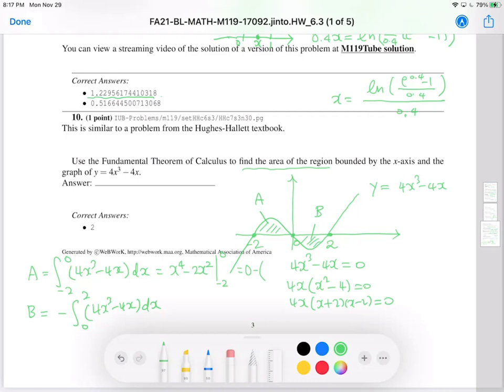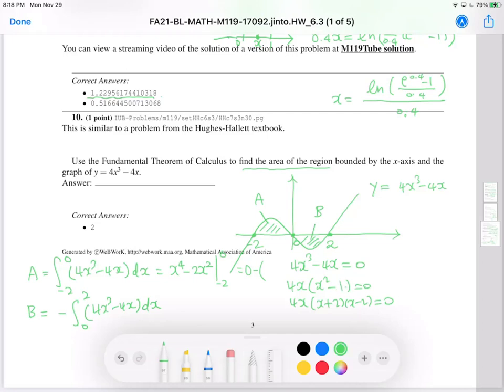This is 8. It must be positive. Oh, there is a mistake here. Algebraic mistake. Okay, sorry about that.